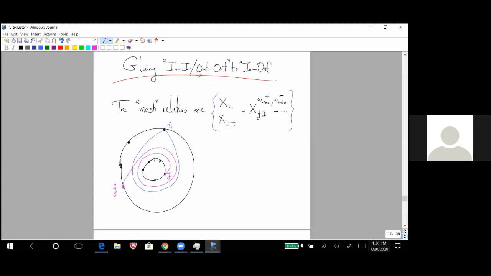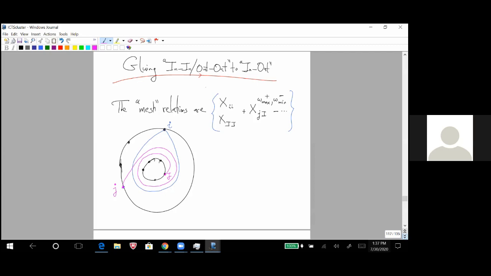So we somehow have to find some relations that we're going to write between the in-in and the in-out variables. We don't have any a priori obvious spacetime picture now for relating the in-in and the in-out variables, because they have different symmetries. One of them sees both the shifts on the outside and the inside, whereas the other one only sees the out-out or the in-in shifts.